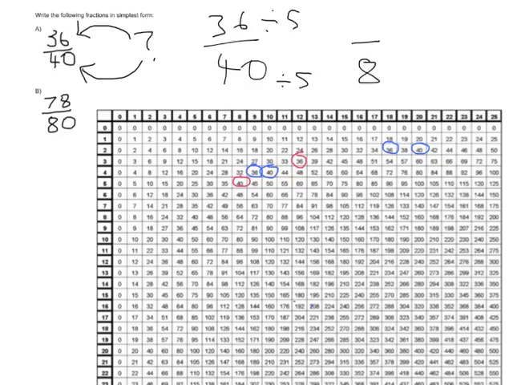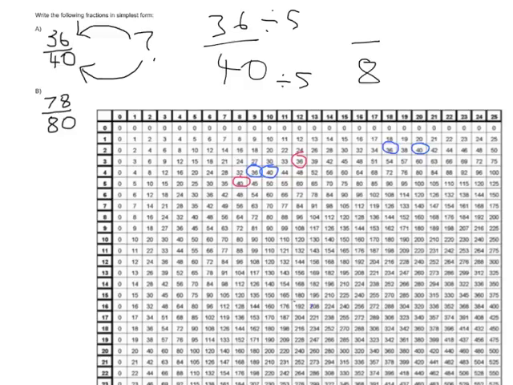So again, this is why when we're trying to find that mystery number that goes into the denominator and the numerator equally, we need to make sure that the numerator and the denominator are in the same row in your times table or the same column. Alright, so I think the point has been made clear.